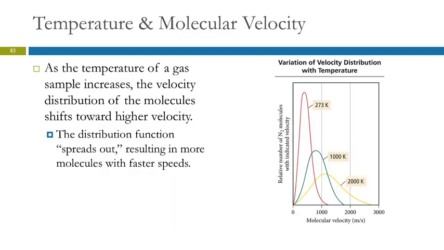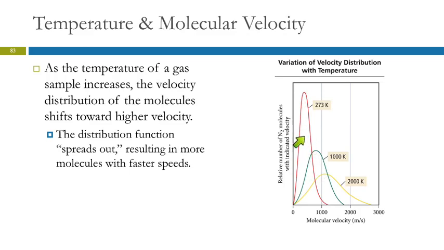We also see effects on the shape of that distribution with temperature. So as you increase the temperature, here we're looking at the same gas, but we're increasing the temperature. This is 273, this is 1,000, and this is 2,000 Kelvin. So we see that this peak, where the largest number of particles is, the velocity of those increases with temperature.